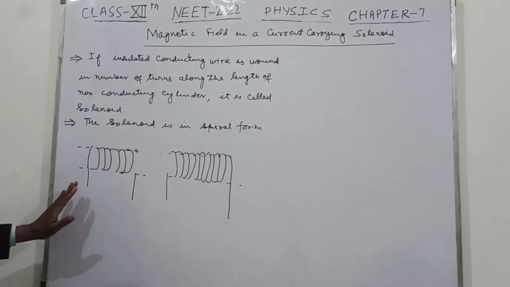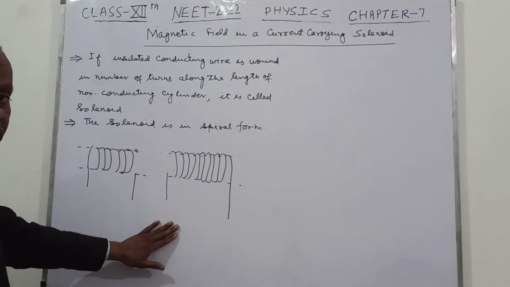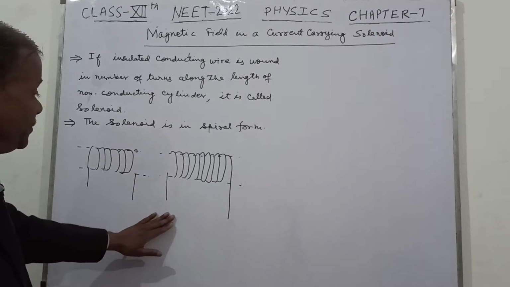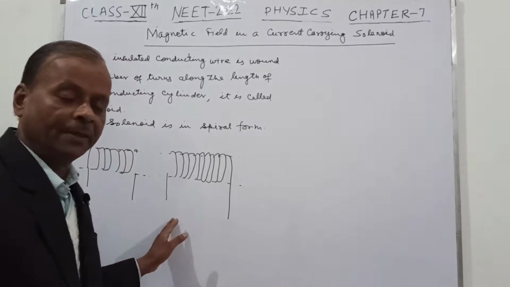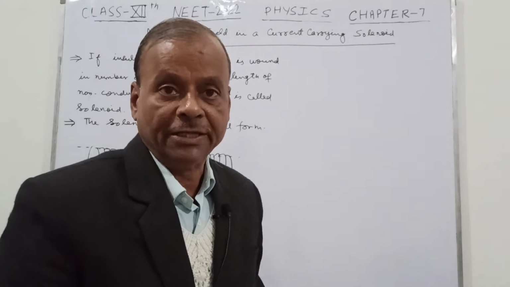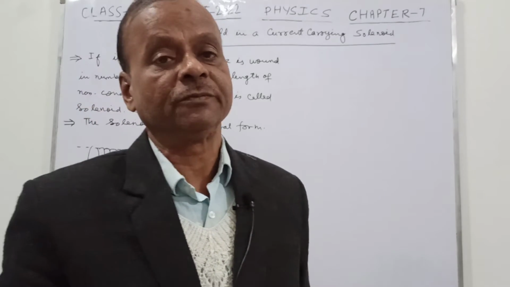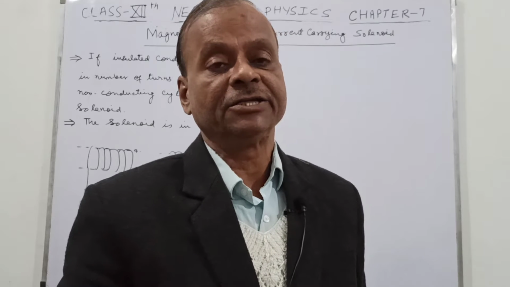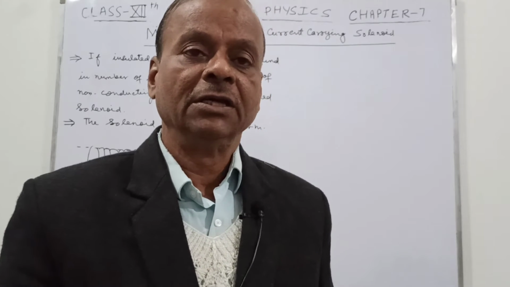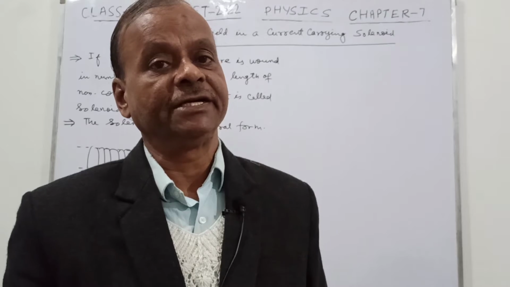When the current is passed through it, a magnetic field is produced along the axis of the solenoid. Because we can assume that each turn is in circular form, and we know that when the current is passed in a circular coil, the magnetic field is maximum at the center.